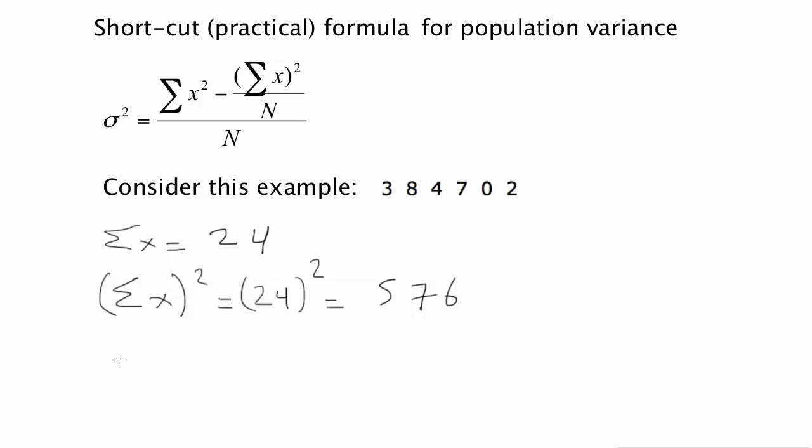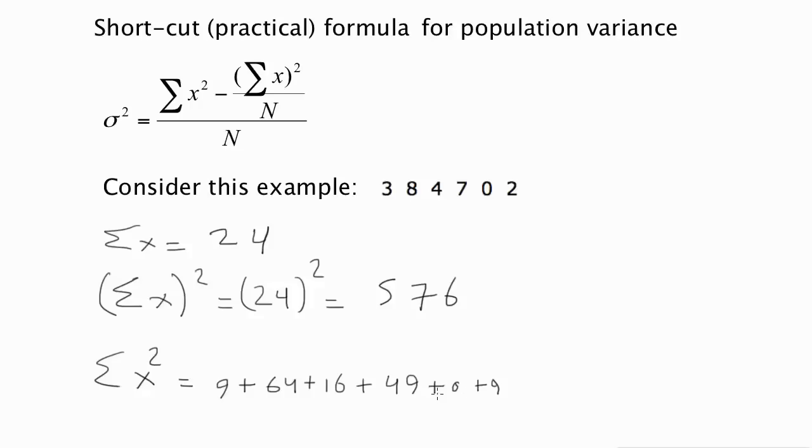Now we want to get sigma x squared. Sigma x squared is different. I need to square every value first. This should be 3 squared, this should be 8 squared, this should be 4 squared, and so on. So I need to calculate 9 plus 64 plus 16 plus 49, and then of course 0 squared, and then 4.